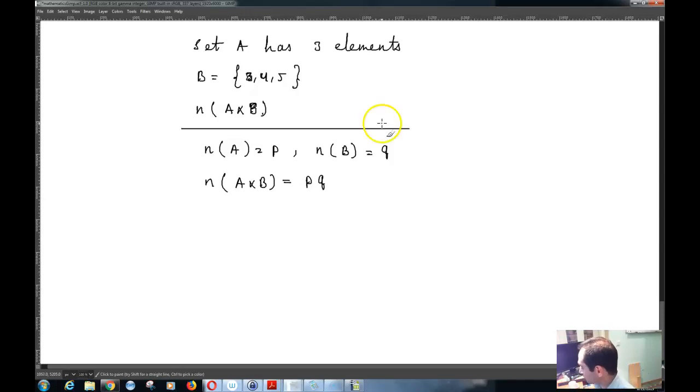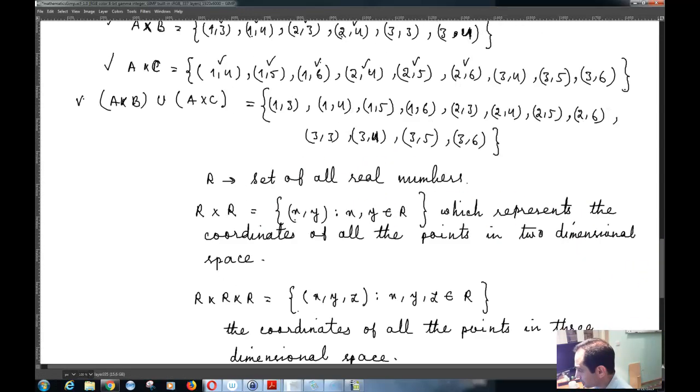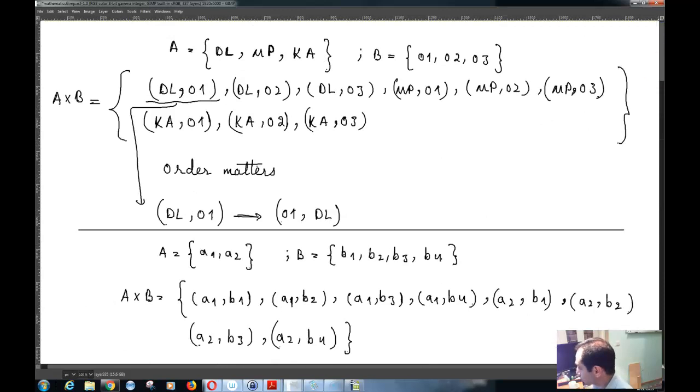Or suppose that you want to say whether these statements are true or false. Let me create a new layer over here. If the set P is equal to M comma N, and the set Q is equal to N comma M, basically the exact same elements in a different order, of course that doesn't make any difference. They are basically the same sets.